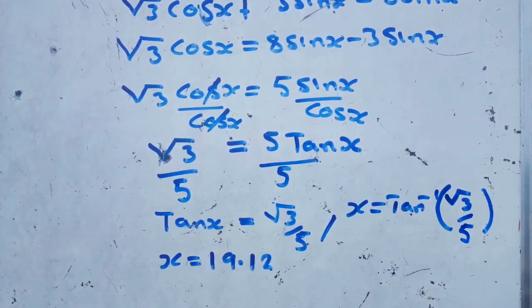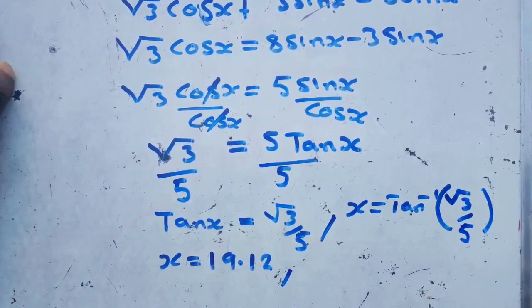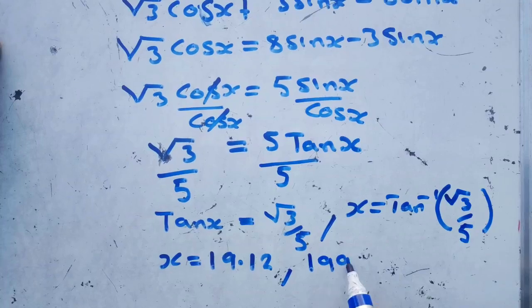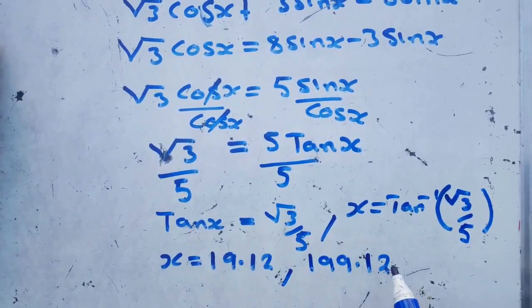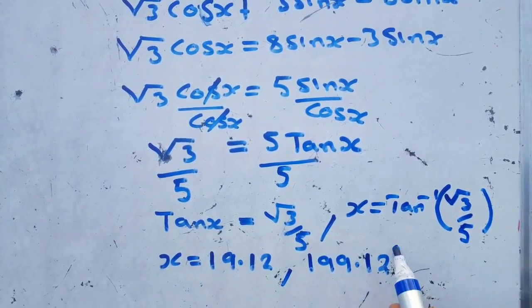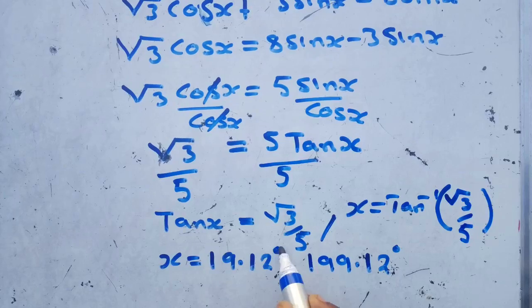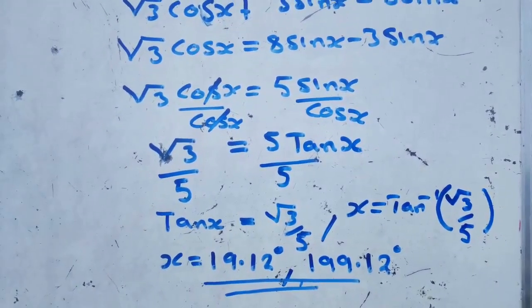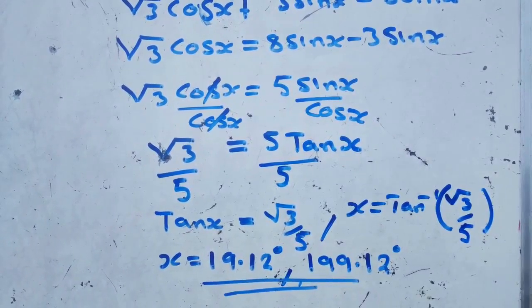So we have two values: 19.12, or 19.12 plus 180, which gives us 199.12. These are the values of x. This question usually comes in exam papers, and this is how you can handle this kind of question.